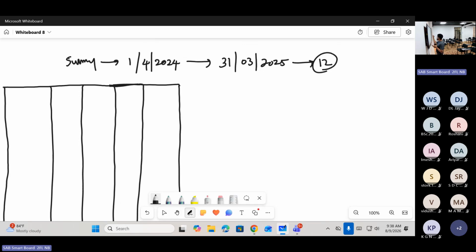S, W, and then adjustments. Sunny's balances, then W's balances together, and then the adjustments, right?